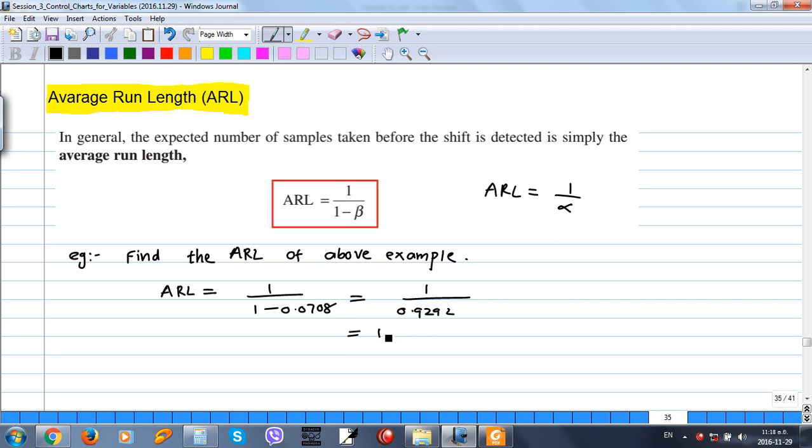So it comes to about 1.08. This is the answer, the average run length. Okay.